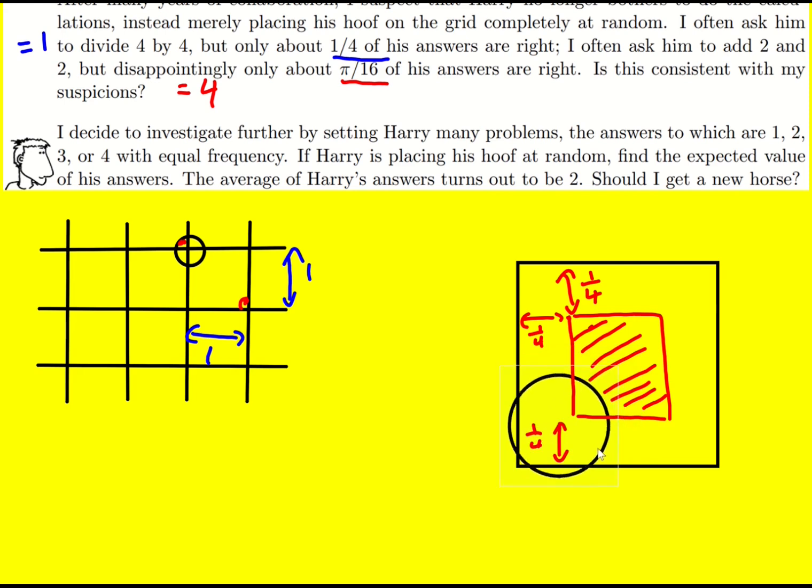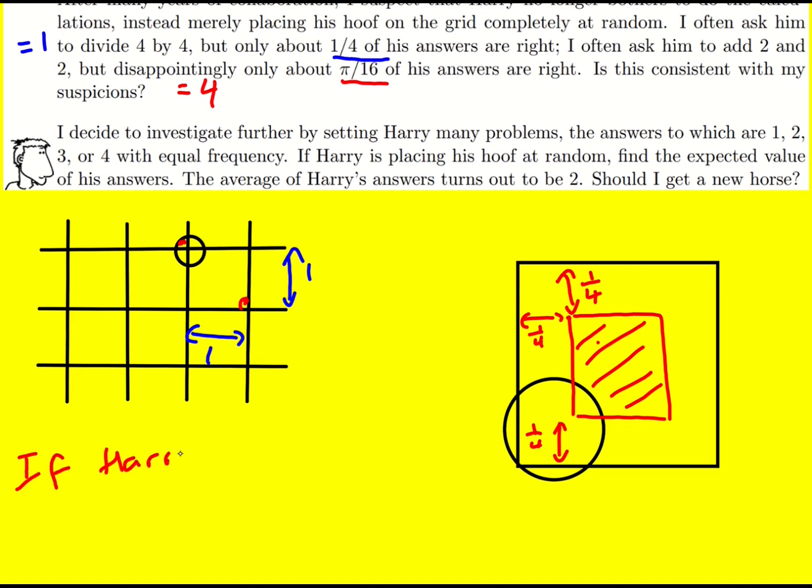As soon as the center moves outside, so away from the square, he's going to give a different answer. So assuming randomness, if Harry picks at random, then the probability of him picking a 1 is going to be the area of this square.